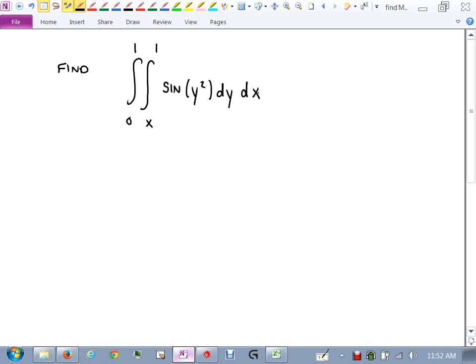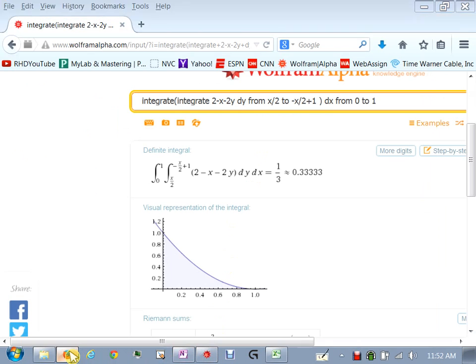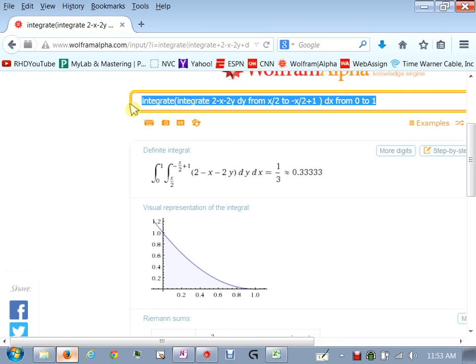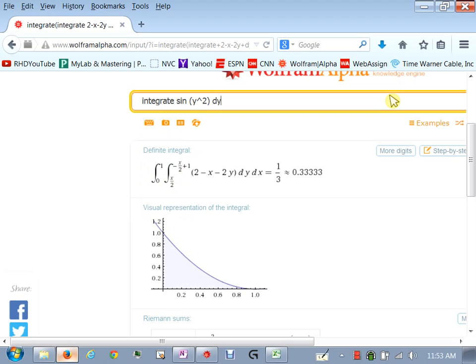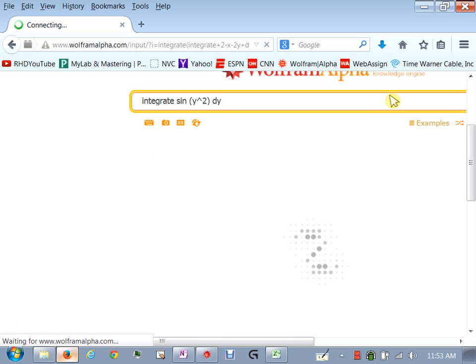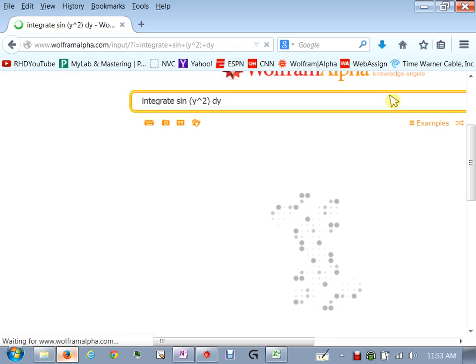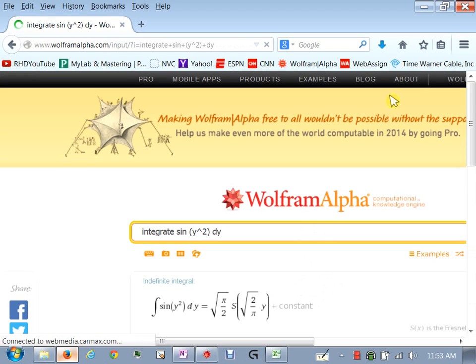What's that? Some weird error function. Yeah, even if you go to the almighty Wolfram Alpha and say integrate sine y squared dy, just to figure out what the antiderivative is. Sometimes Wolfram will time out and say you need to get the pro version or something, right?